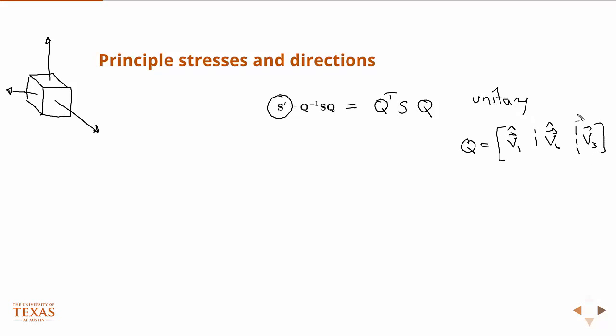How do you turn a vector into a unit vector? You divide by its magnitude, right?